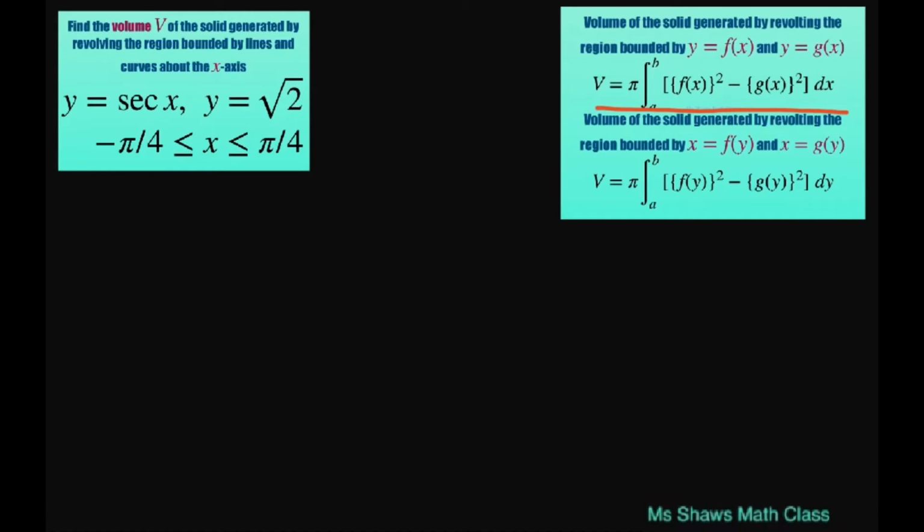Let's graph this. If you graph this from 0, we have pi divided by 2, pi divided by 4, and then negative pi divided by 4. And then basically we go up here, and at 0 we're at 1, and then it opens up, and then it's going to go up a little bit here.